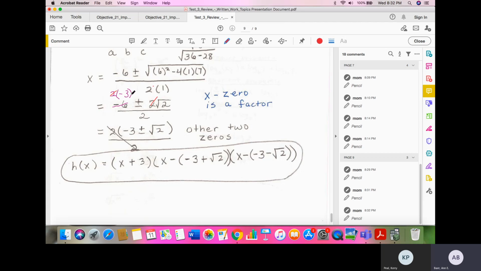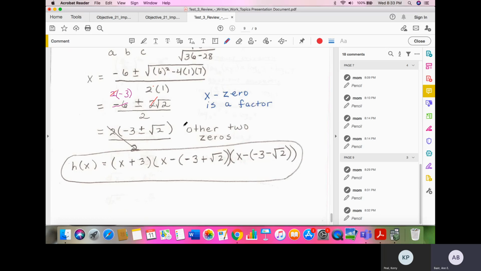So we are left with the 2 out front, and negative 3 here, plus or minus the square root of 2. That's what we're left with, divided by 2. 2 divided by 2 is 1. 1 times what's left is what's left, and what's left is negative 3 plus or minus the square root of 2.